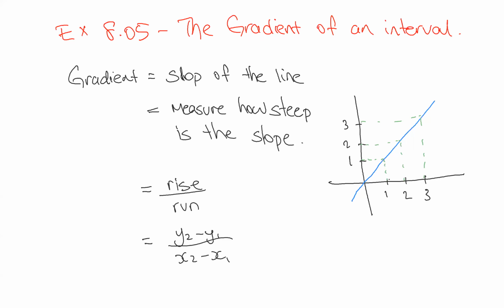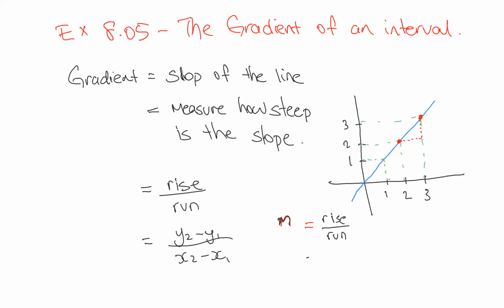I'm going to measure the slope, and I'm going to use 2 points. I'm going to use that point and that point, and I'm going to do like a triangle, okay? Another word for gradient, or the letter for gradient, is M. I should have mentioned that. So M is equal to rise over run.